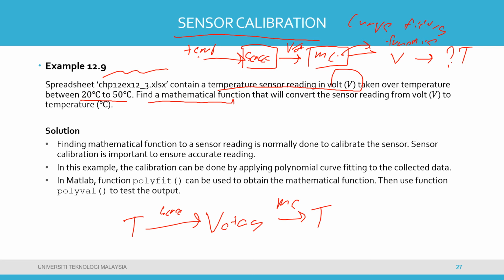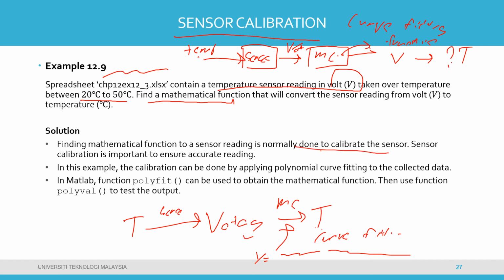So how do you find the mathematical function inside here, to convert this into this? You have to find y equals something. How to do this? You use curve fitting. You have multiple data, then you try to fit it, and you get the answer. So the solution is 2.